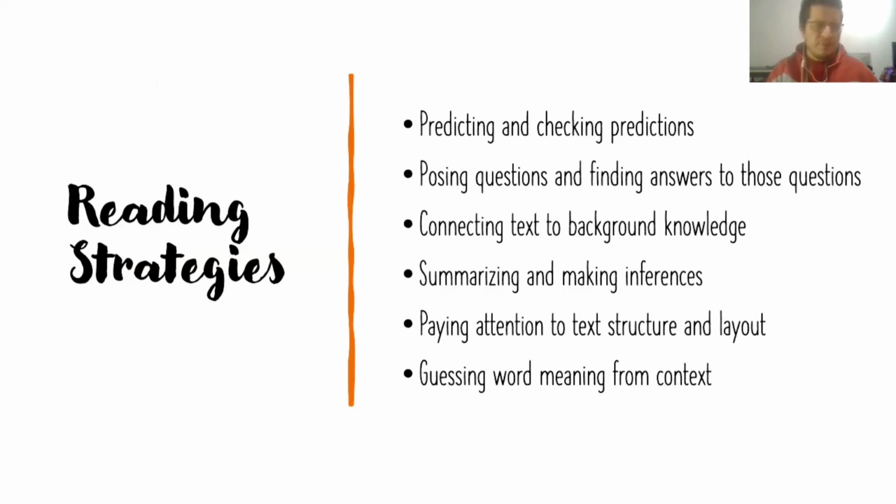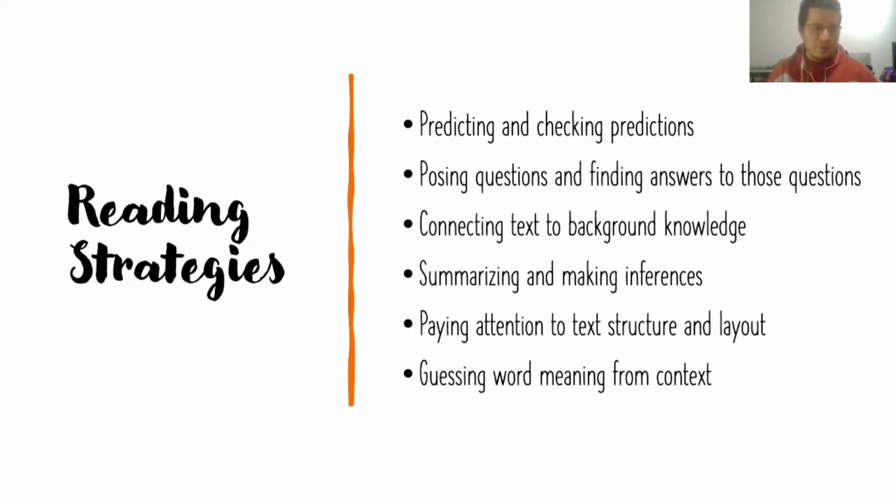That is really important because sometimes students find it difficult to read the text, not because of the difficulty of the text, but because the topic behind it is not connected to their background knowledge. They also summarize and make inferences of the text, and they also pay attention to text structure and layout. If there are some paragraphs, if there is a headline, if there are some more important words than others. And of course, they also guess word meaning from context.